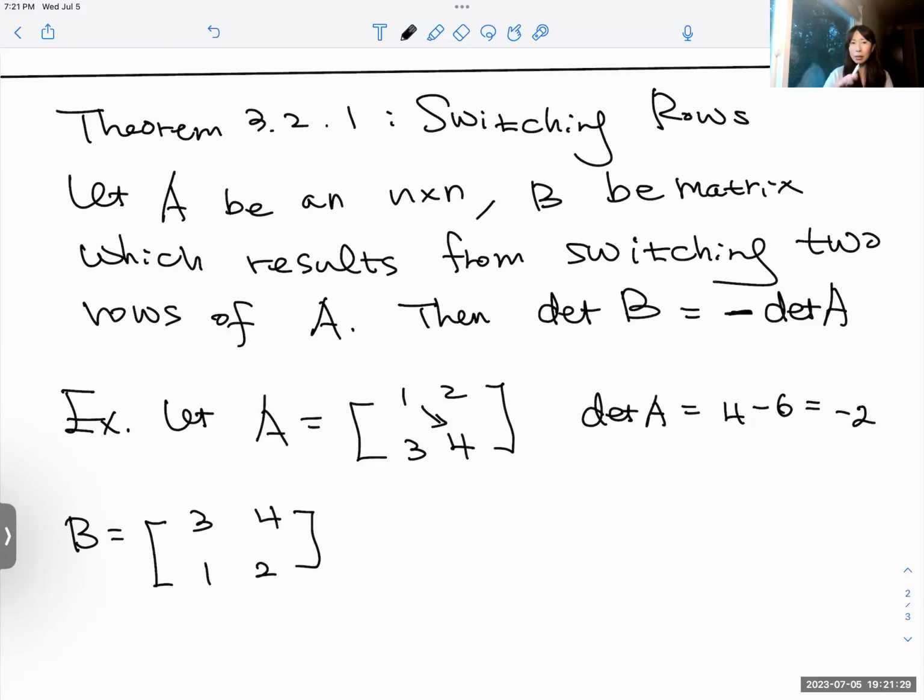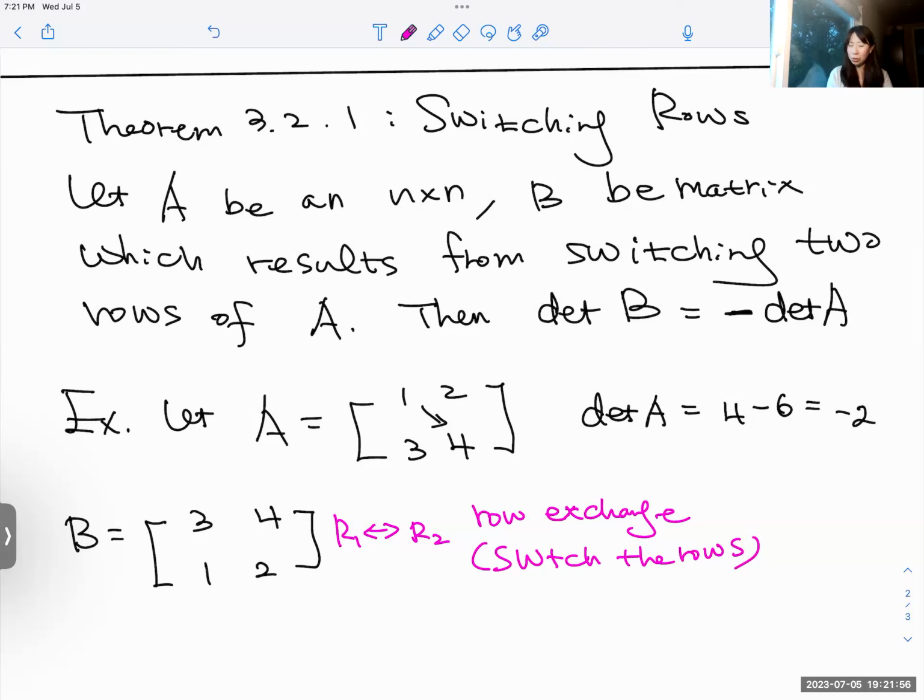We can see that they switched the rows, a row exchange: R1 exchange R2, interchange rows.